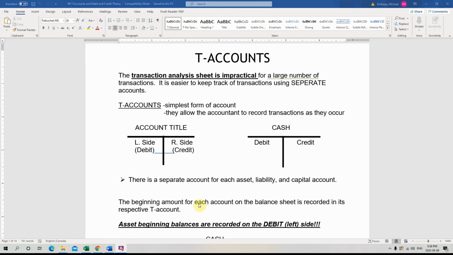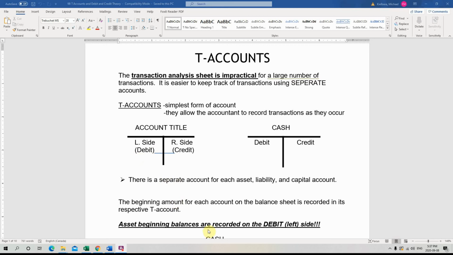Every question is going to start with opening balances, and you're going to take these balances from a balance sheet. For any asset, the opening balance is going to be on the debit side.